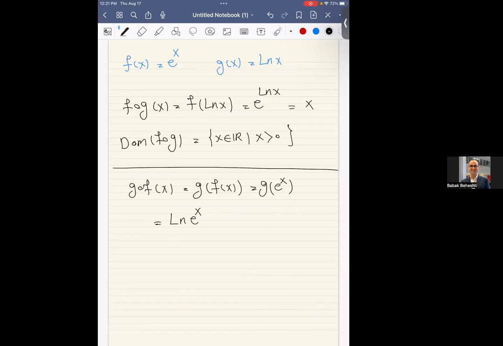So ln has no problem, right? And this is equal to x, right? But the domain here of g of f is all real numbers. Because first the exponential function acts and e to the x is always positive. Then you take ln.